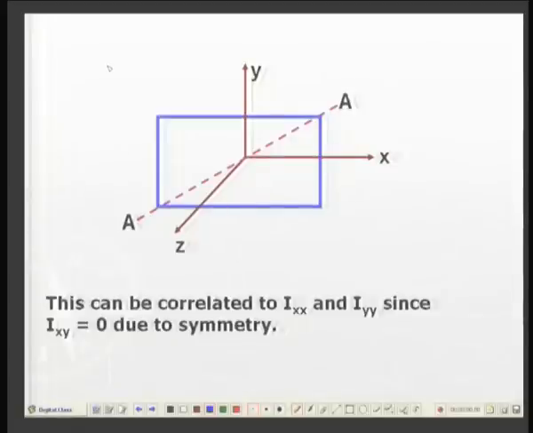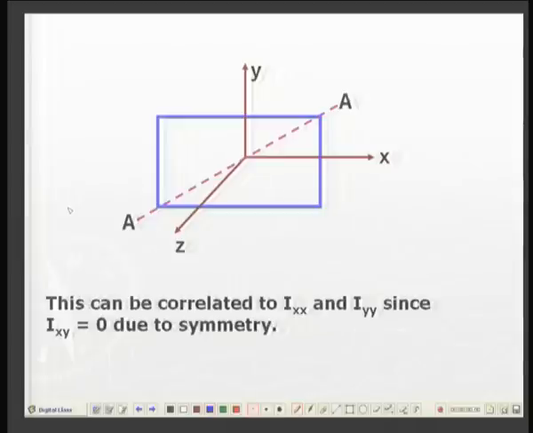For example, consider a rectangular plate which is rotating about its diagonal axis AA, that is, the axis passing through the opposite corners of the plate. Now, I have to find out the moment of inertia about this axis.